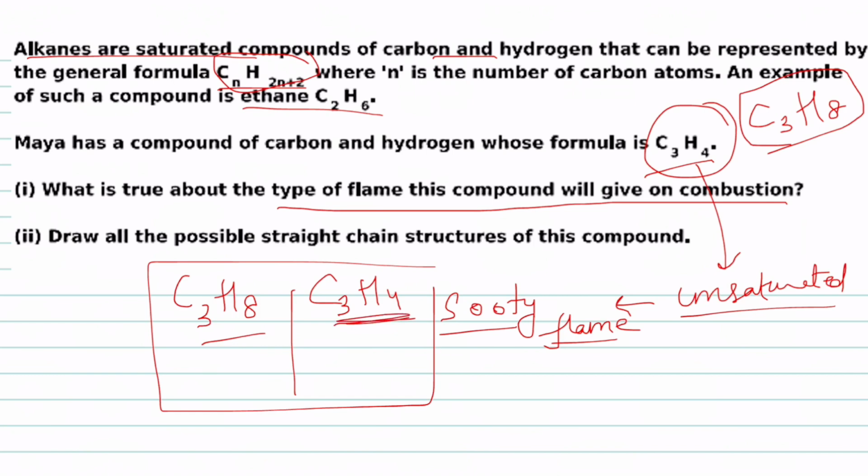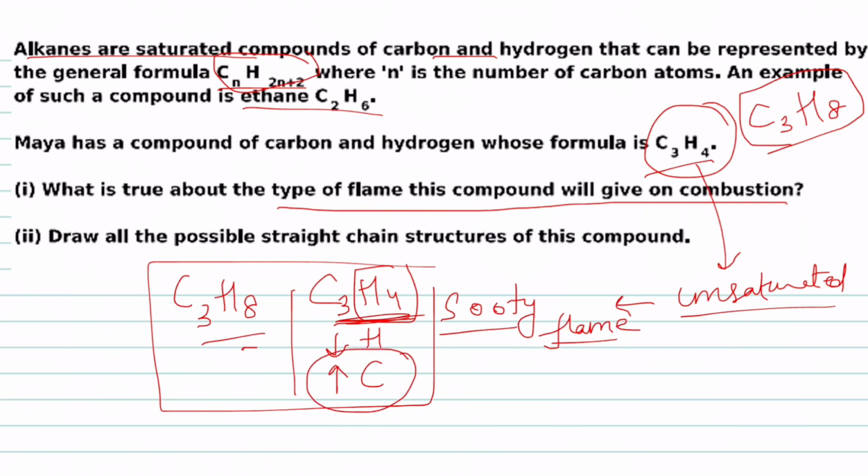In the unsaturated compound there are fewer hydrogen atoms, so a low percentage of hydrogen compared to the saturated one, which means a high percentage of carbon.